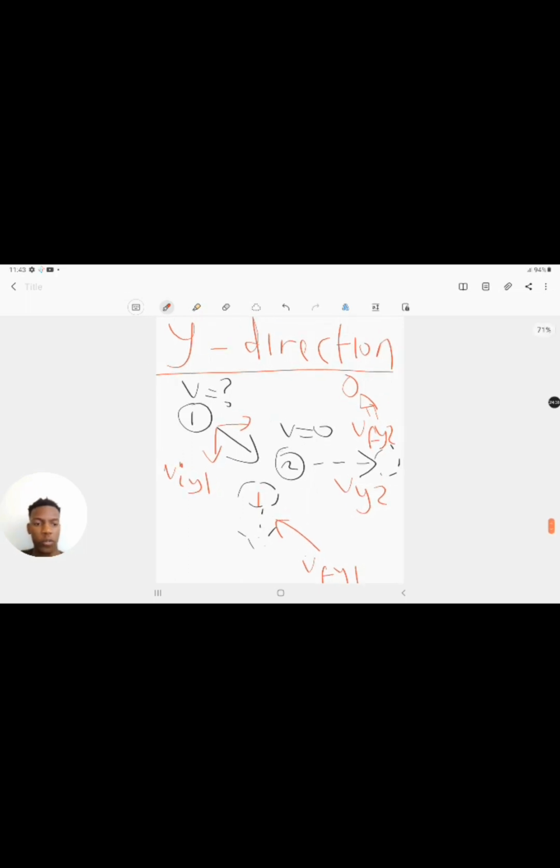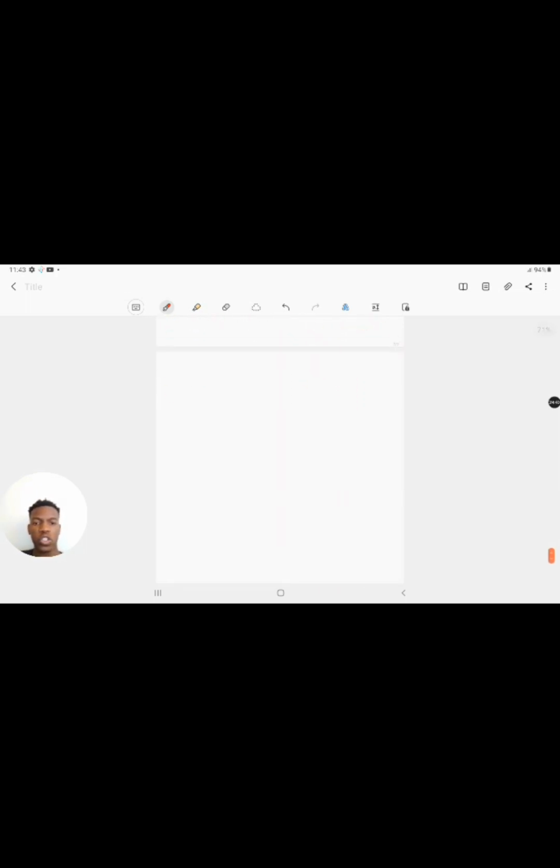Okay, so what have we done now? We've essentially split this into its own scenario. If I had to redraw it, we've got that black ball moving downwards here with an initial velocity in the vertical direction.